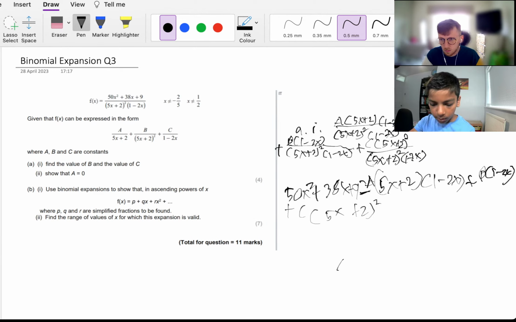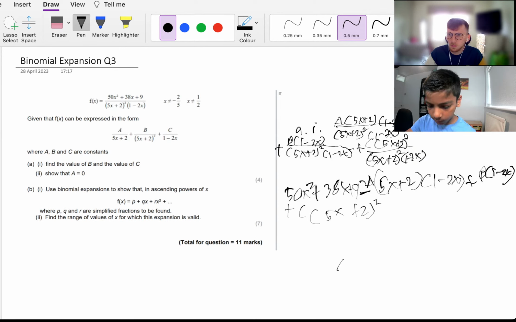So what we have to do is sub in some values of x which will make some terms 0, so then we can work it out.